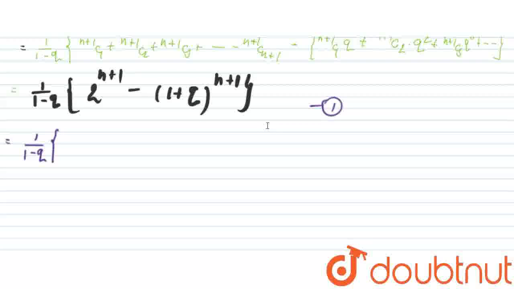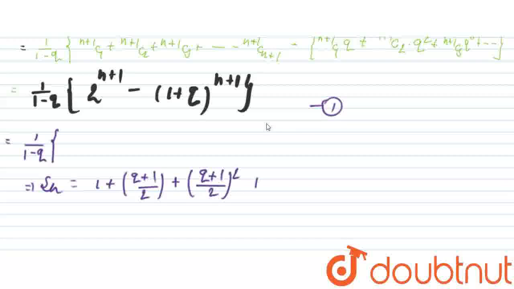Now in the question it is already given, just take this as Sn equals 1 plus (q plus 1) divided by 2 plus ((q plus 1) divided by 2) to the power 2, like this it is going up to ((q plus 1) divided by 2) to the power n.